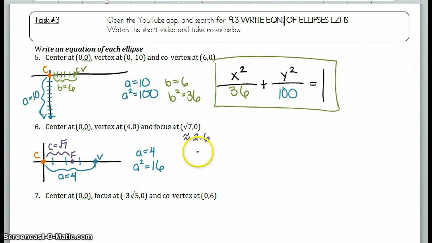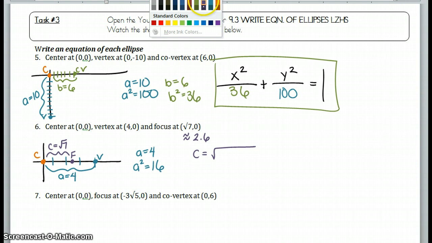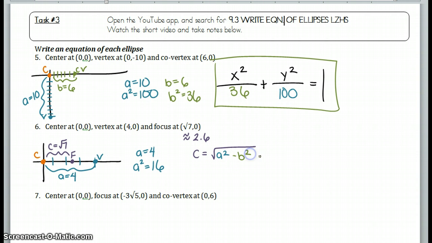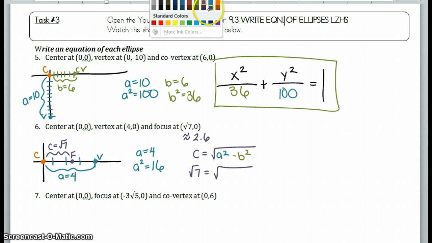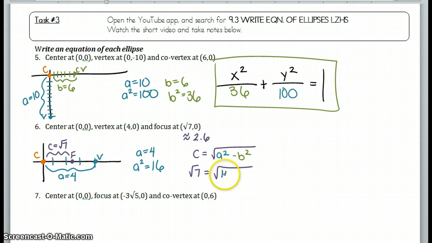What I need is b, but I can use c to find the value of b. If you remember, the way that we found the value of c was to take the square root of a squared minus b squared. Well, since I know two of the three variables, I can just plug in what I know and solve for my unknown, which in this case is going to be b squared.